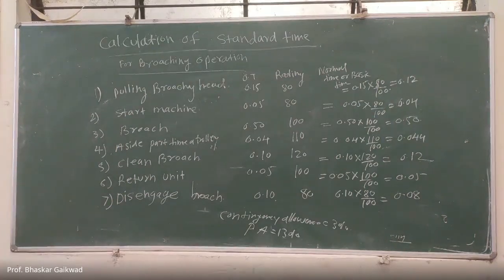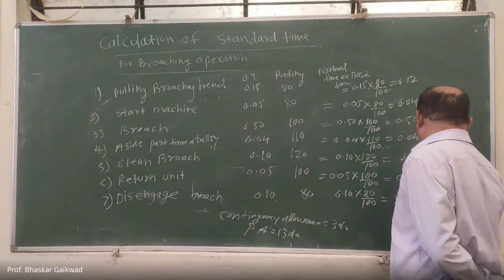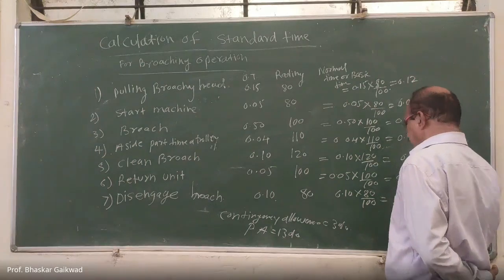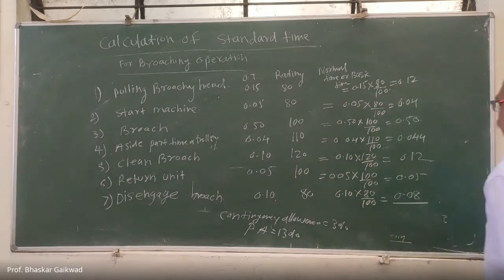Then the relaxation allowance, or this personal allowance, you have to add. You can add all this total also. Make the total of this, whatever the answer will be, that is the total of this.